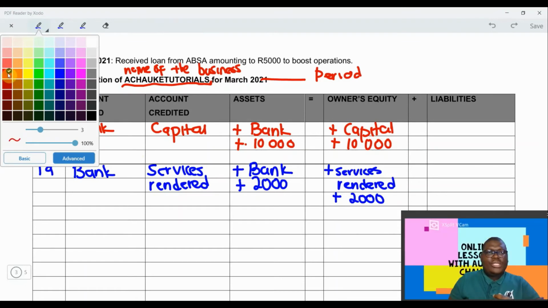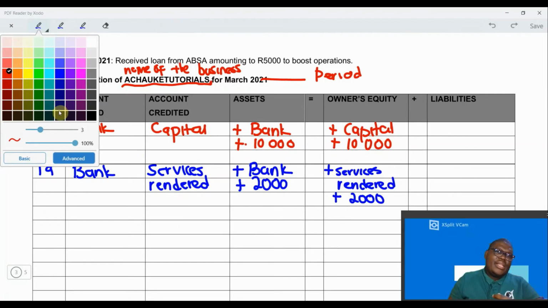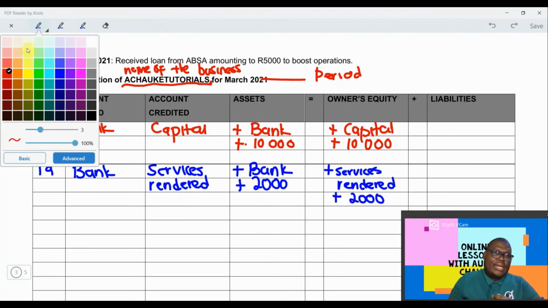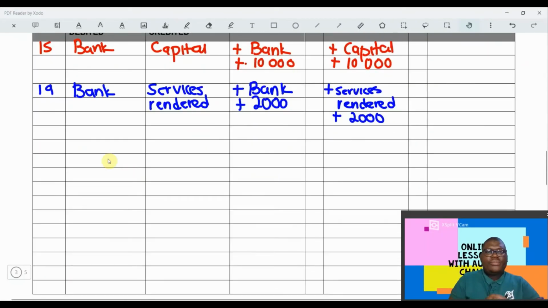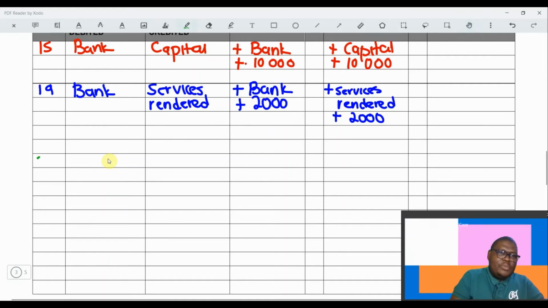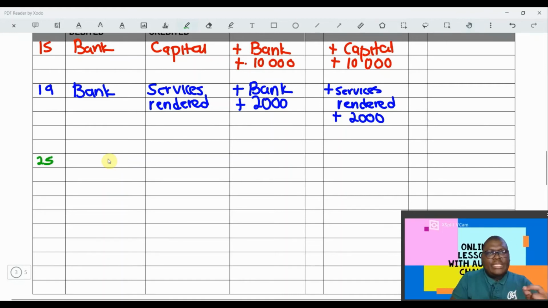I can use black. Maybe let me see how colorful this green is here. I think it's fine. So on the 25th of March, we're going to have the 25th of March here. I'm gonna skip a few lines so that these things don't get messed up.